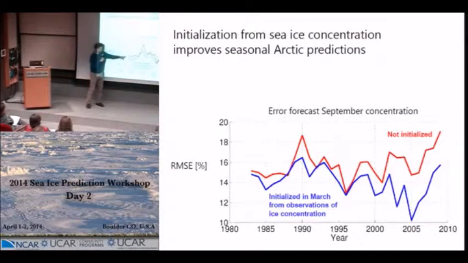And the blue curve is the error for the initialized run, where we assimilate concentration and let the model evolve for 6 months from March to September. And you can see that systematically we have an improvement. Just from the information of ice concentration, we have an improvement in the simulation of September, just because of this mechanism linking ice concentration and ice thickness. So I think this is promising.